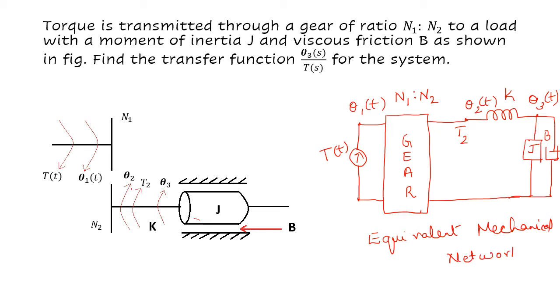Now with the help of this mechanical network, we are going to write down the differential equations. This particular gear with teeth N1 is to N2 is related to the torque by the relation T2 by T1 is equal to N2 by N1. So we need to use this also.